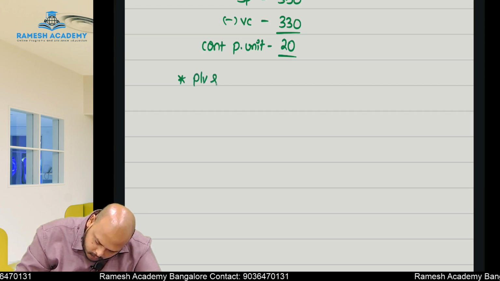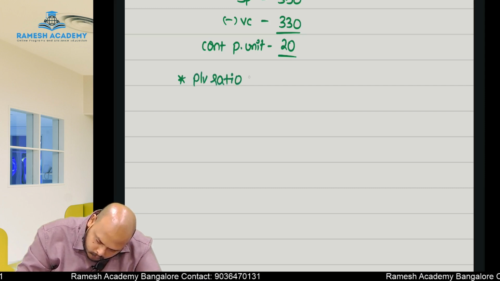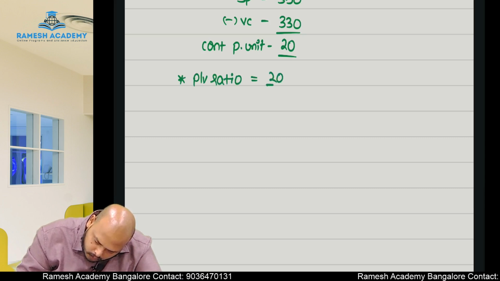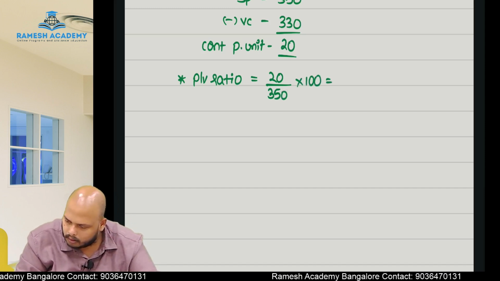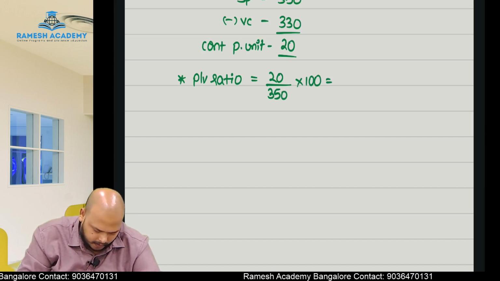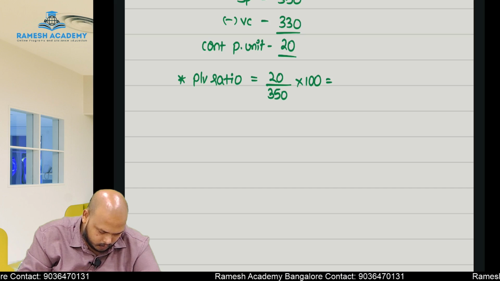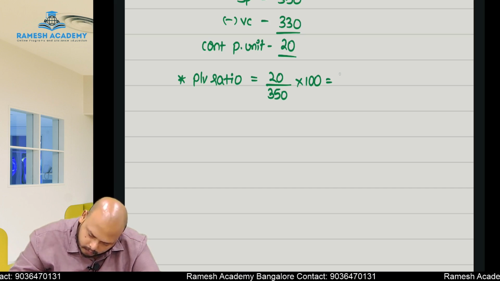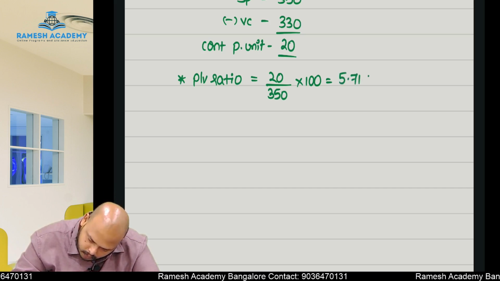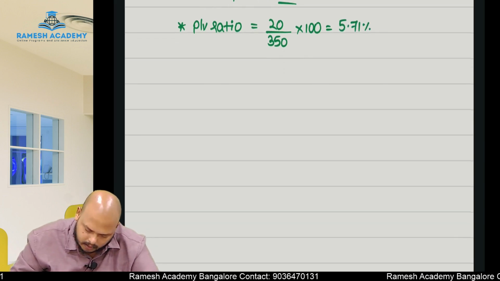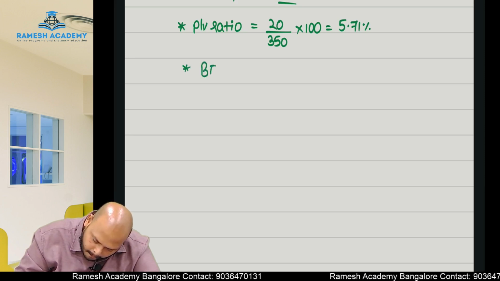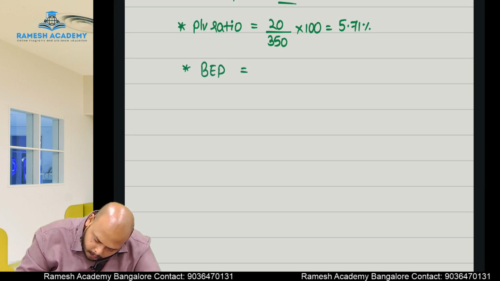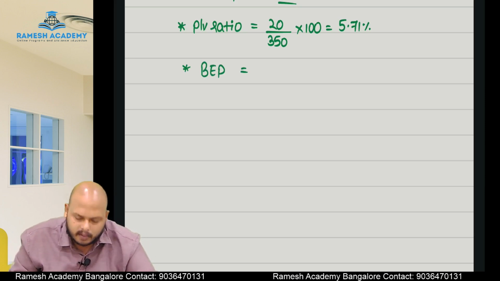PV ratio is equals to contribution divided by sales into 100. How much? 20 divided by 350 into 100. How much? 5.71%. This is the PV ratio. Next, break even point is equals to what is the formula?